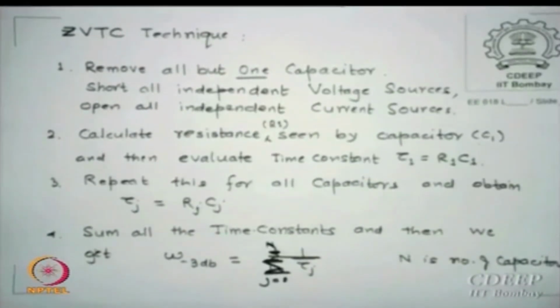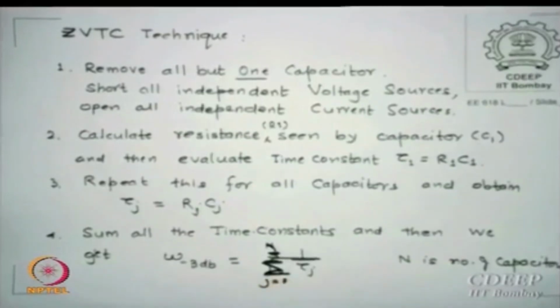Repeat this for all capacitors one by one. C1, then C2, then C3, Cn, do all of them, and then add all time constants. This was printed a little wrong, so this is essentially 1 upon sigma of Tj and not sigma of 1 upon Tj, because that is harmonic mean, that will get into your problems.